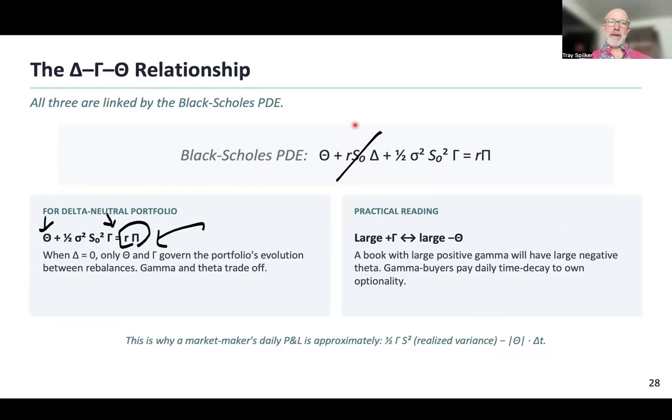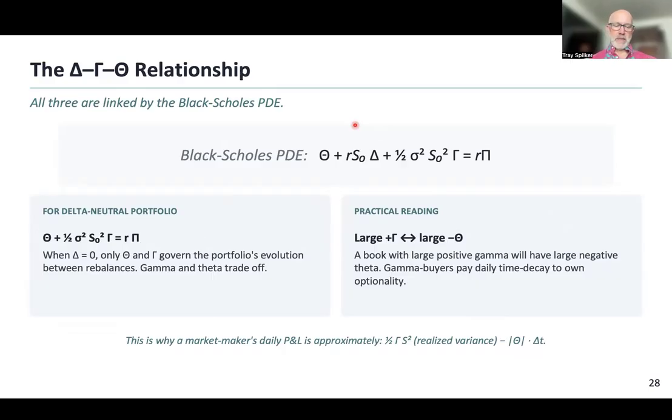So the practical reading of this is that if your book has a large positive gamma, then you should expect a large negative theta as well. They basically cancel out under the no arbitrage condition. So this is why gamma trading strategies always carry the cost of theta. You pay daily time decay in exchange for the right to profit from realized volatility.